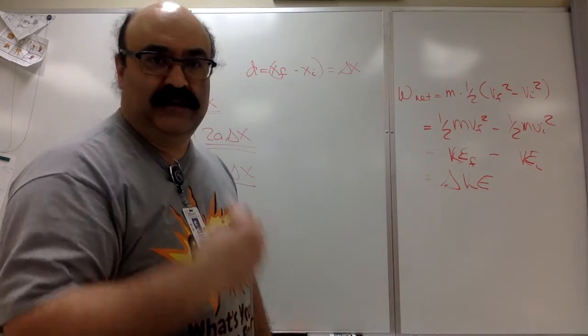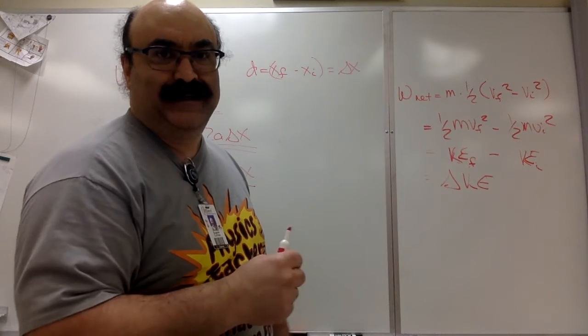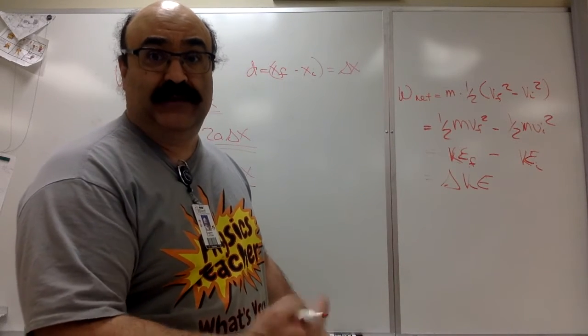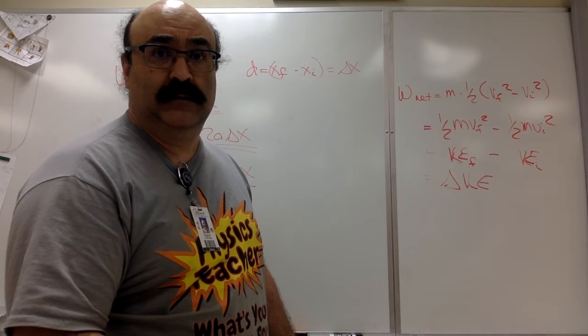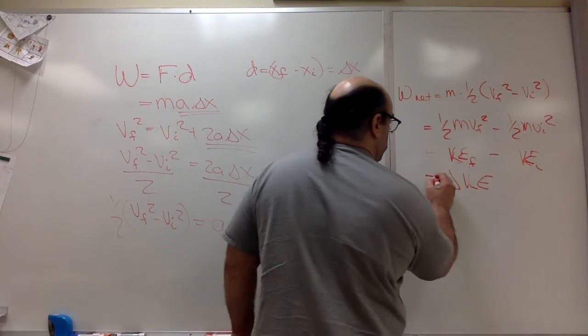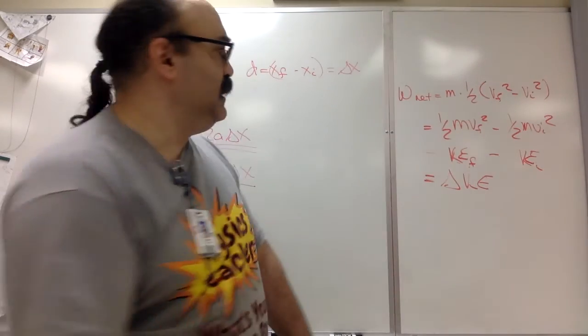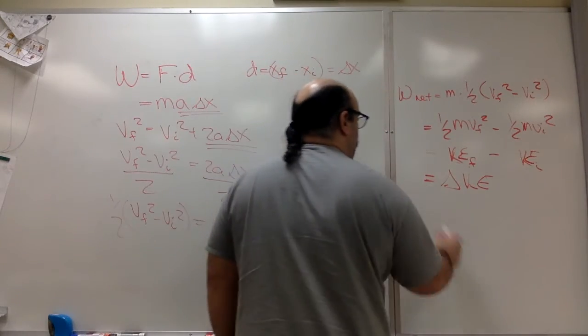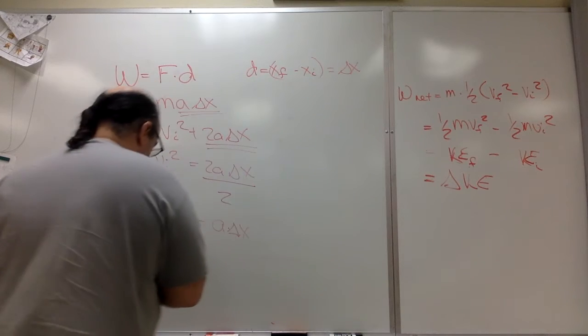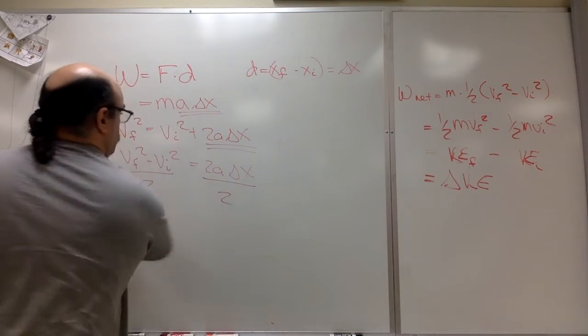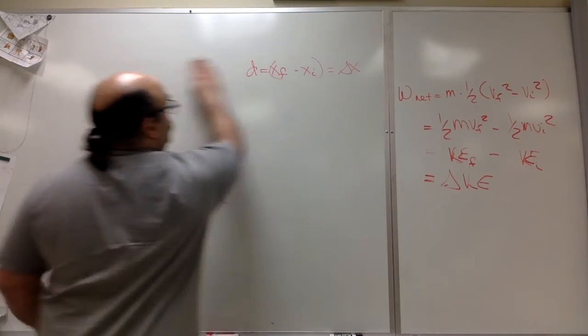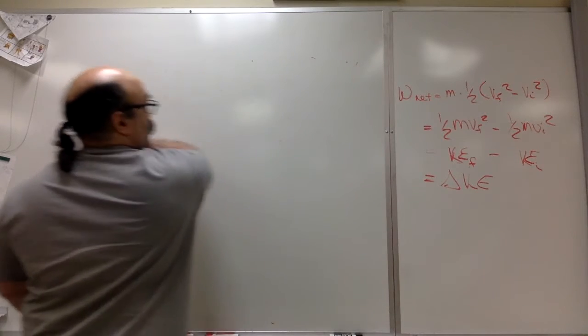So for an object that's moving, the net work done on the object deals with its change in kinetic energy. So when I take a look at that, again, that was derived in the textbook and just wanted to go over it with you.